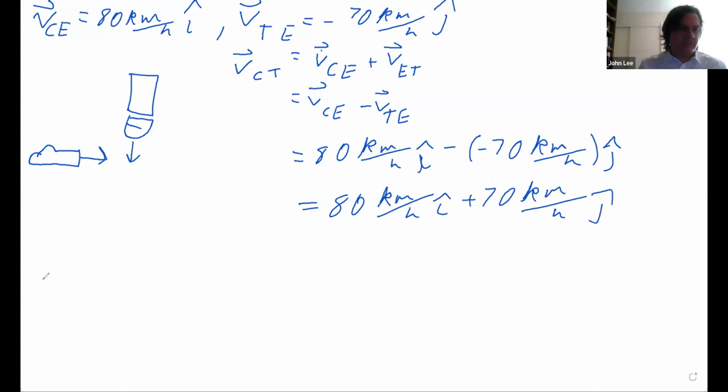So what this means is it looks like to the truck, you are coming towards it at some velocity and at some angle phi. You're coming towards it at 80 kilometers per hour in the x direction and 70 in the y direction.